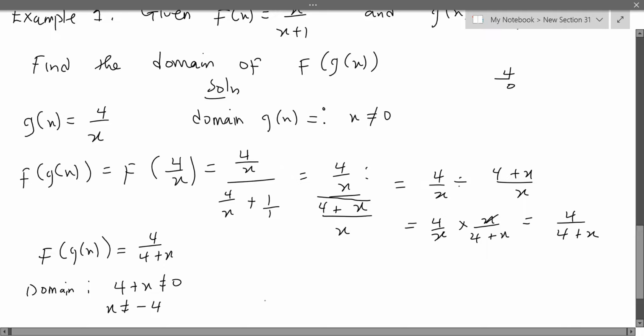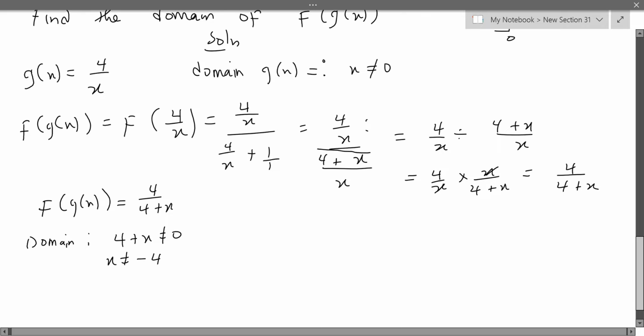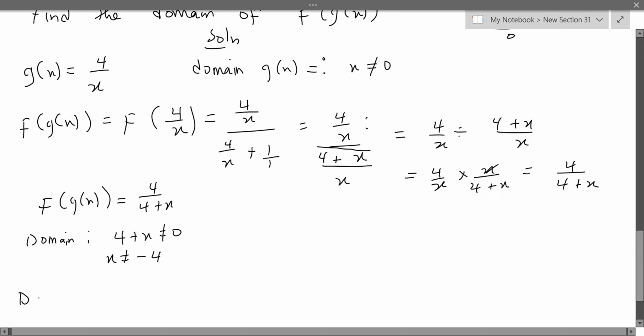So the domain of the composed function now, which is what we are actually looking for, the domain of f of g of x now. So what will it be? We have two conditions. We have x is not 0 and we have x is not equal to -4.